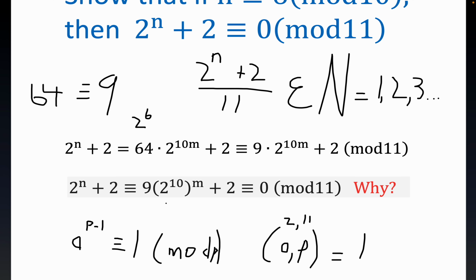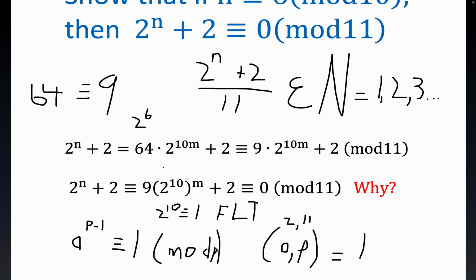We know that p minus 1 is 10, so we know that 2 to the 10th is congruent to 1, and that's where you get this massive reduction here. 2 to the 10th is congruent to 1 by Fermat's little theorem, conveniently called FLT. Not fun-loving turkeys, but Fermat's little theorem. So you see that's what happens here.